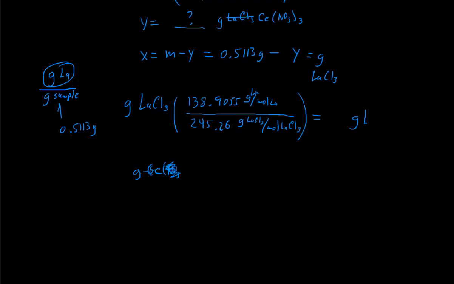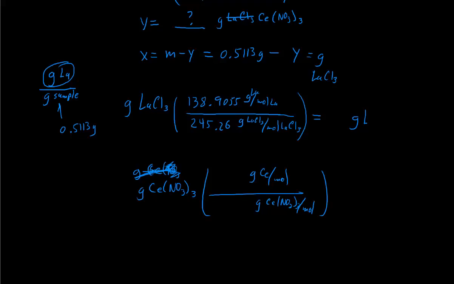But you're going to start off with grams of cerium nitrate. And then you're going to use the ratio of the molar mass, grams of cerium per mole. You're going to divide that by the grams of cerium nitrate per mole.